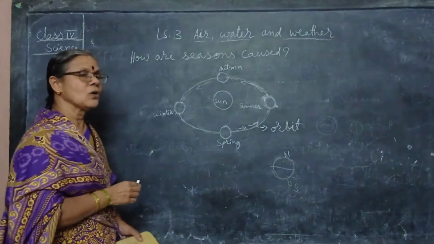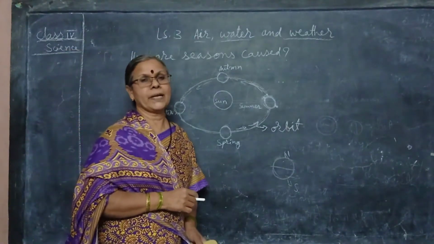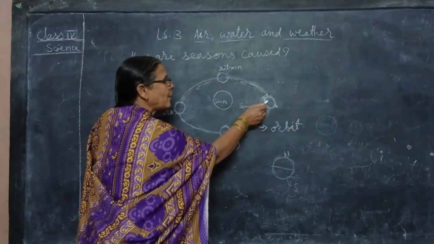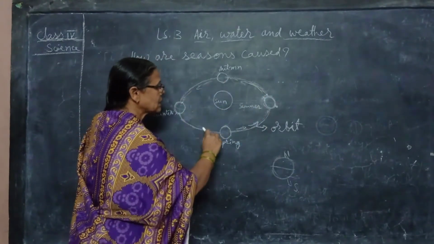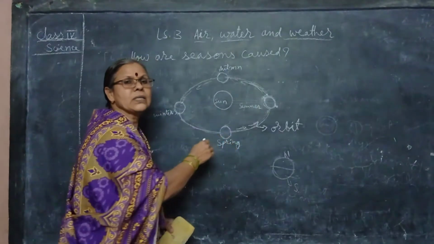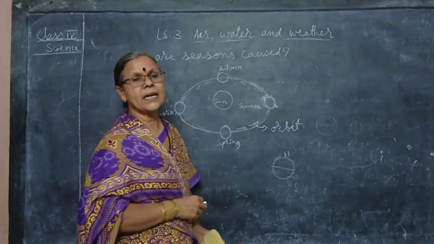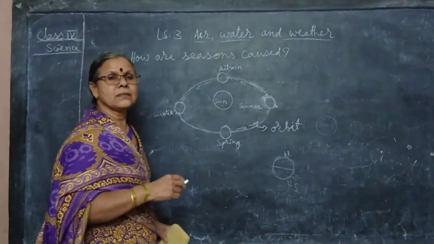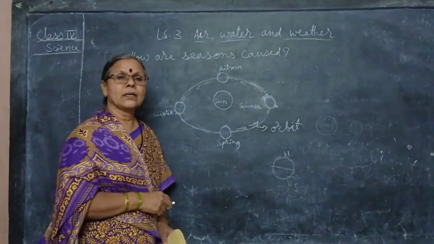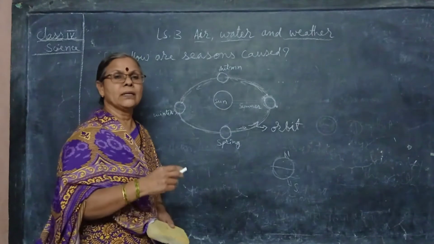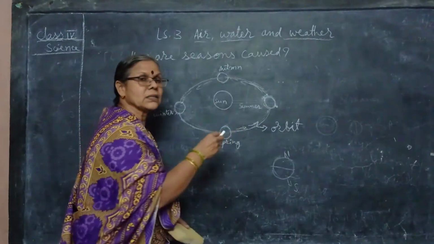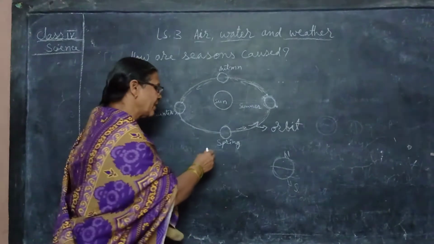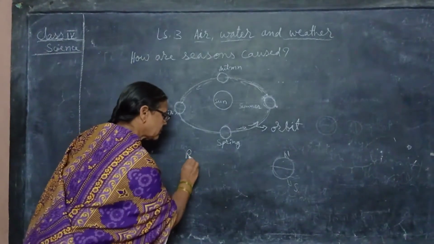To complete one circle around the sun, it takes 365 days. The spinning movement of the earth around the sun is called the revolution of the earth.